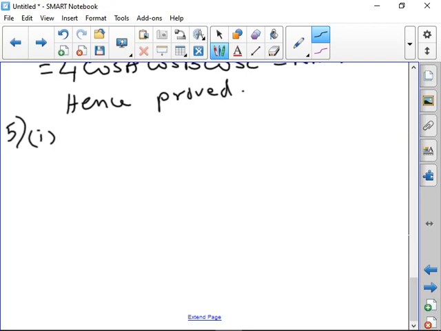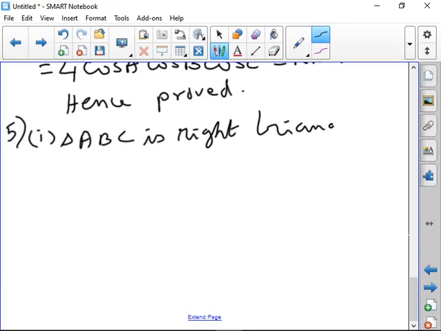Triangle ABC is a right triangle, and angle A is equal to pi by 2. Then we have to prove this. Okay, so it is a right angle triangle. So a right angle triangle will be like this.